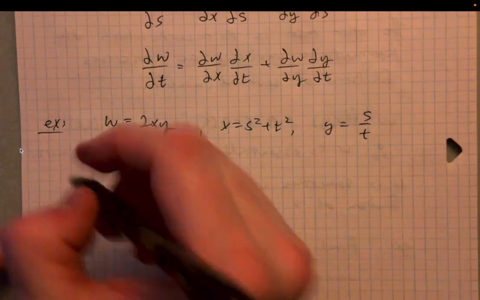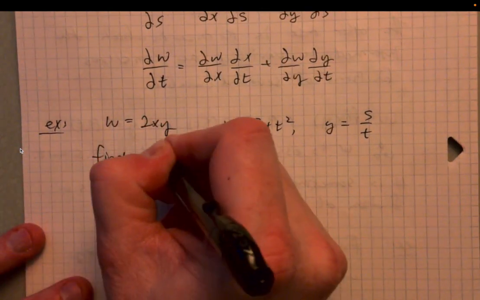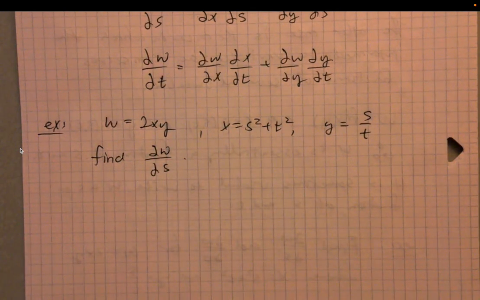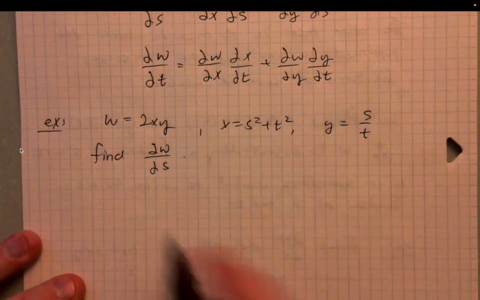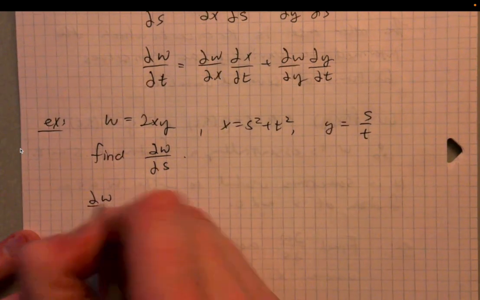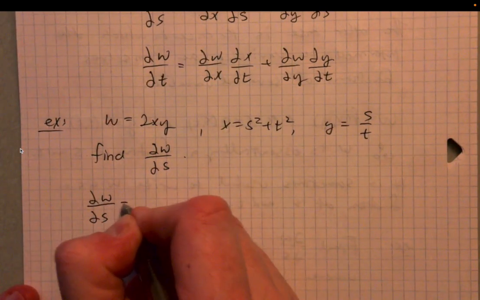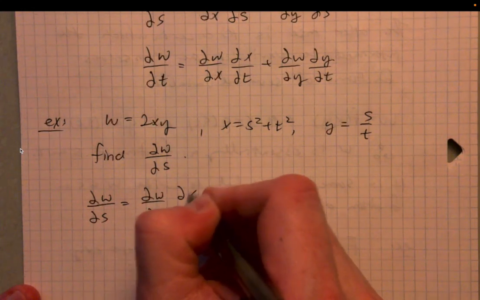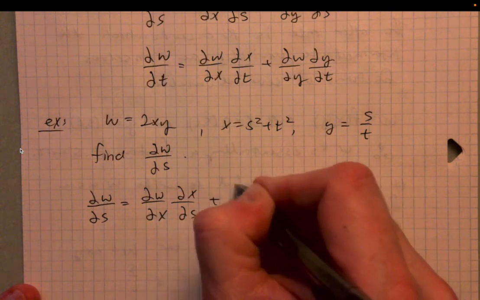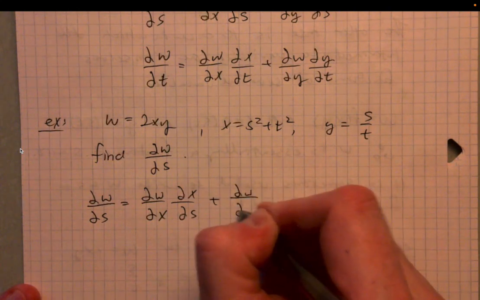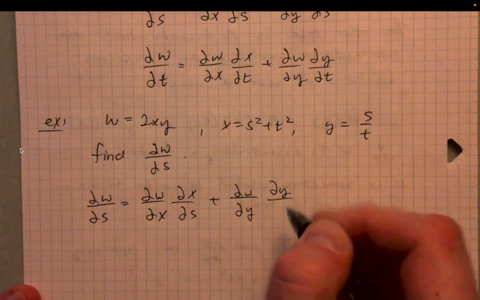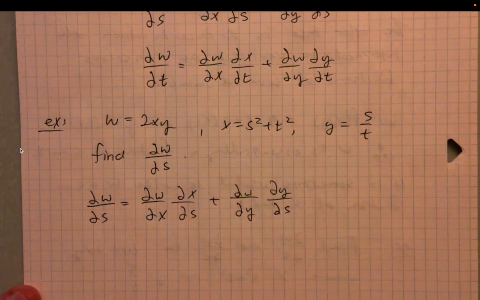Okay, we want to find the partial of w with respect to s. Well, according to the theorem we just looked at, partial of w with respect to s is equal to partial of w with respect to x times the partial of x with respect to s plus partial of w with respect to y times the partial of y with respect to s.